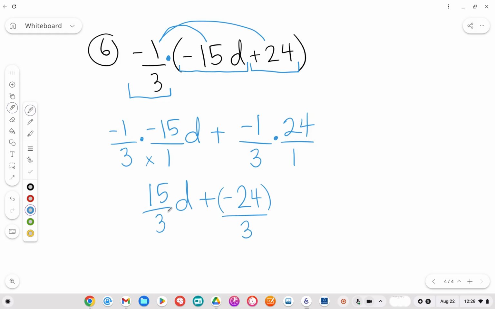Okay, so now I'm going to simplify. 15 divided by 3 is 5, and negative 24 divided by 3 is negative 8. So instead of writing plus negative 8, I'm just going to write minus 8. Okay, if you were to write it as 5d plus negative 8, I wouldn't count it wrong. But when you're looking at tests where they give you multiple choice answers, this is the answer that you're going to see.